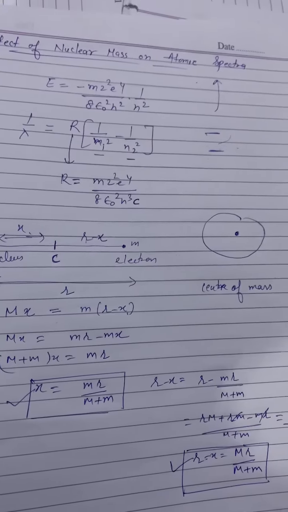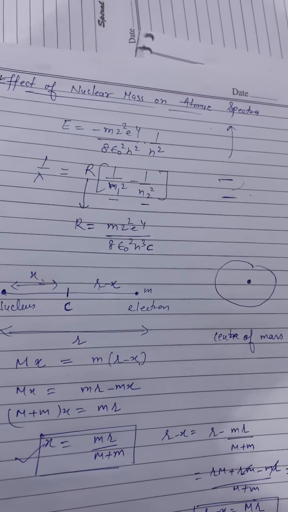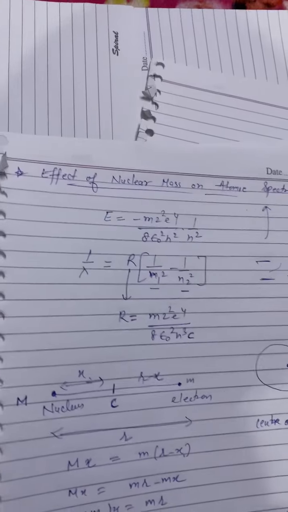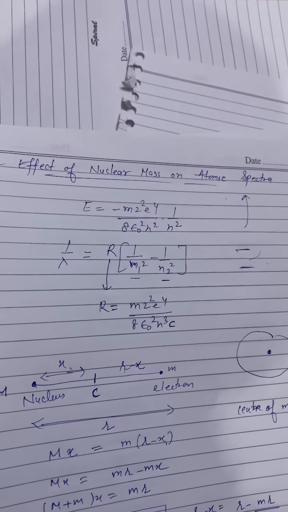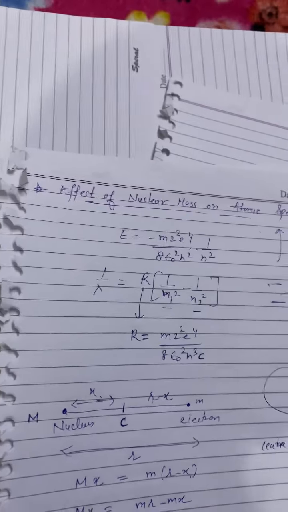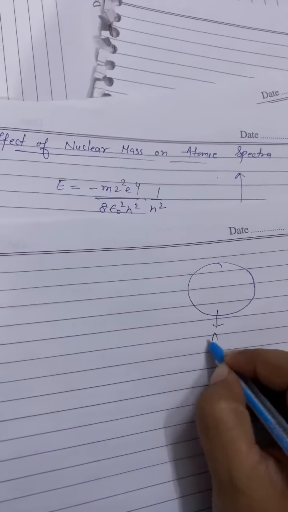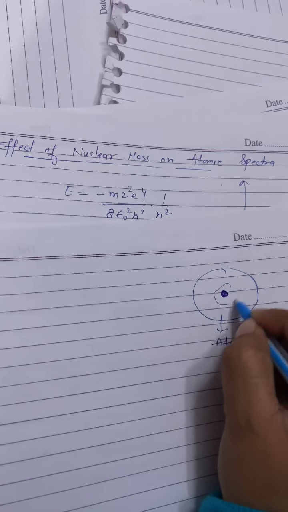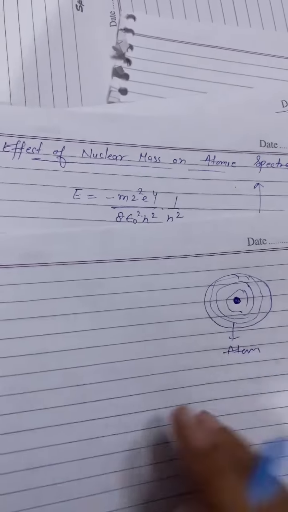Now as both the revolutions are inside the atom, the total angular momentum of the atom has to include both electron and nucleus. In the atom, there is a nucleus, and around this there are revolving electrons.